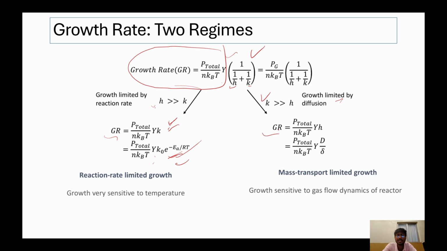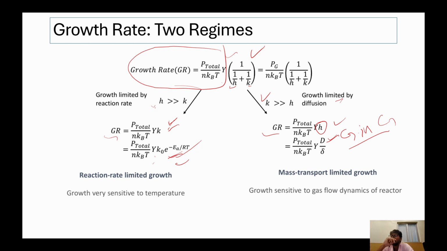So then growth rate is limited by the diffusion. H is given by D by delta, and this D is for gas in gas, diffusion of gas in a gaseous material.